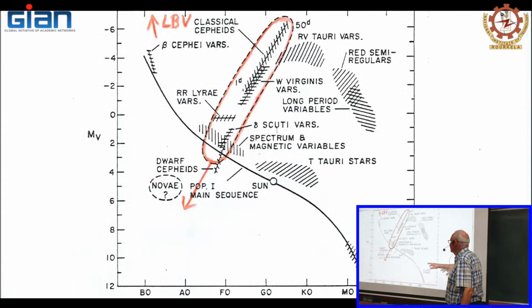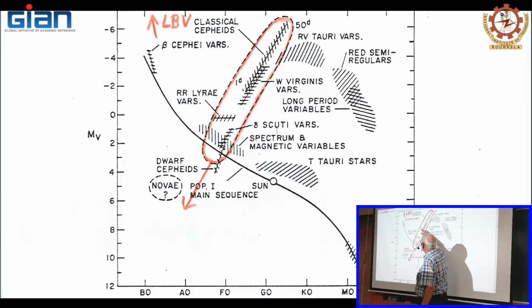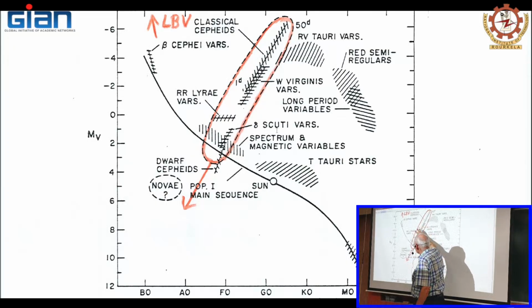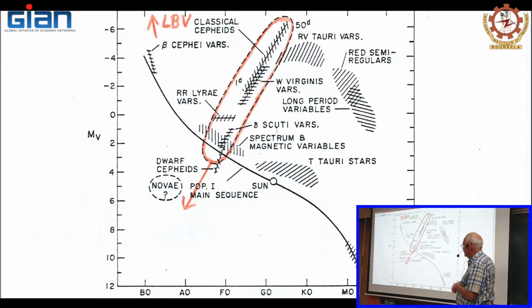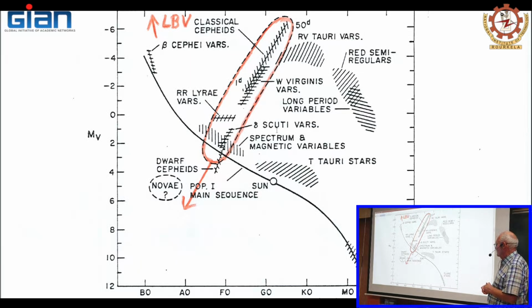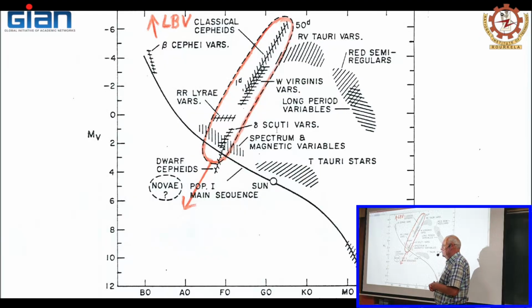Along the Delta Cephei regime, we have periods between 1 and 50 days, and if we go down to white dwarfs, we have periods of seconds. So the next question, which we will address in the next lecture, is which parameters determine the pulsation period of stars.